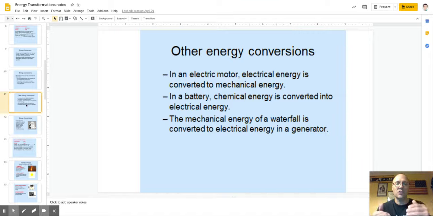But mechanical energy is most commonly referred to as kinetic mechanical energy, and that's when something is moving. So if we can get something to move, that's considered to be mechanical kinetic energy, or just oftentimes mechanical energy for short. And so we can take mechanical energy from a waterfall and convert that into electrical energy by using a generator.